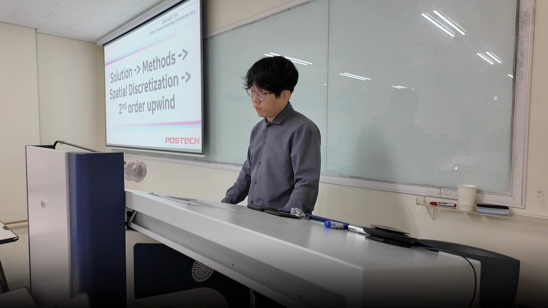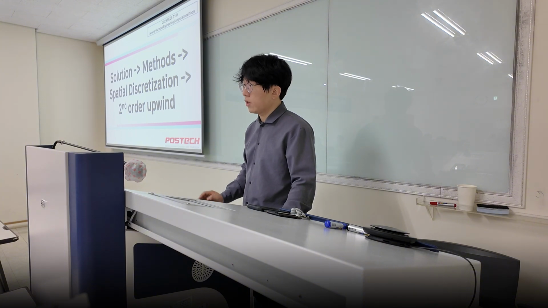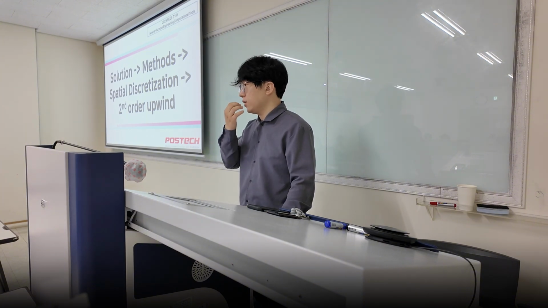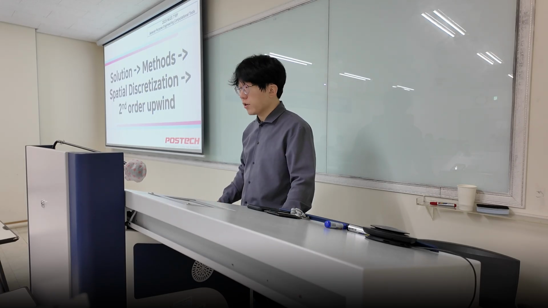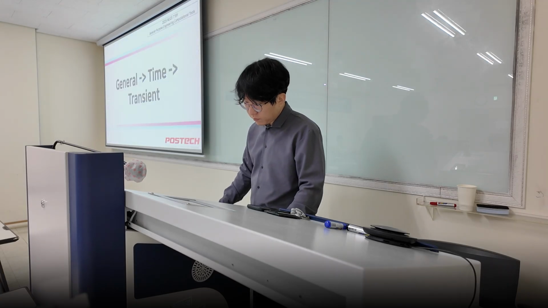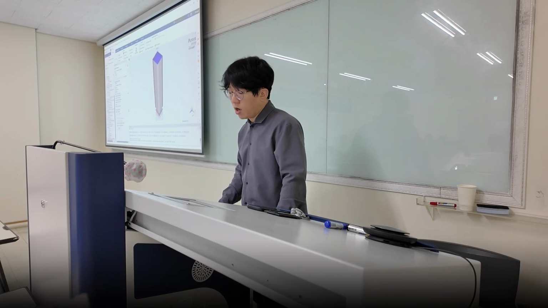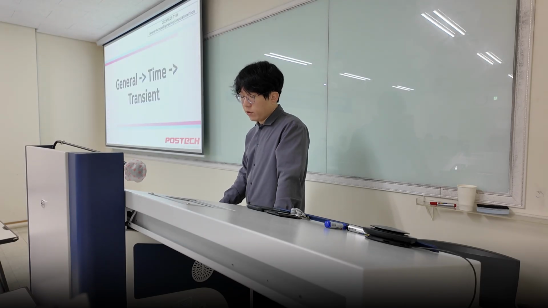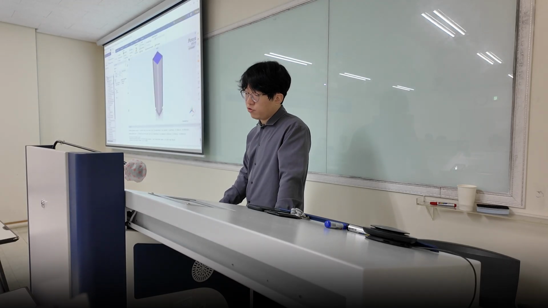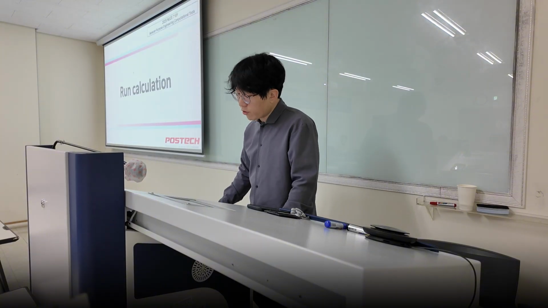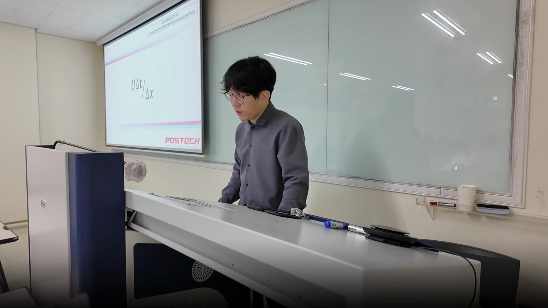You can go to first order, and there are plenty of other methods, for example Runge-Kutta. You can find others. Anyways, you can see pressure-velocity coupling is on, and if you have time, you can check transient. Otherwise, you're going to get the steady state solution, and then you're going to initialize and run the calculation.